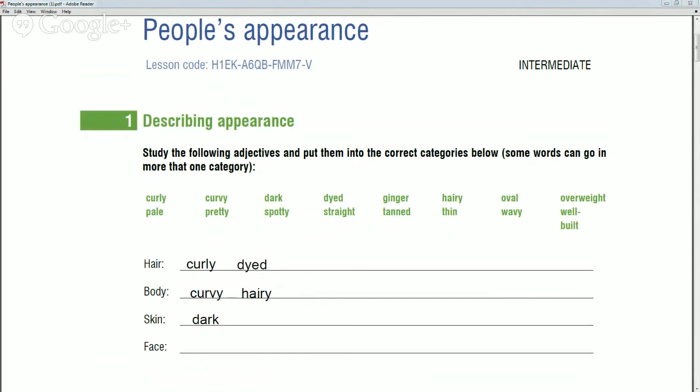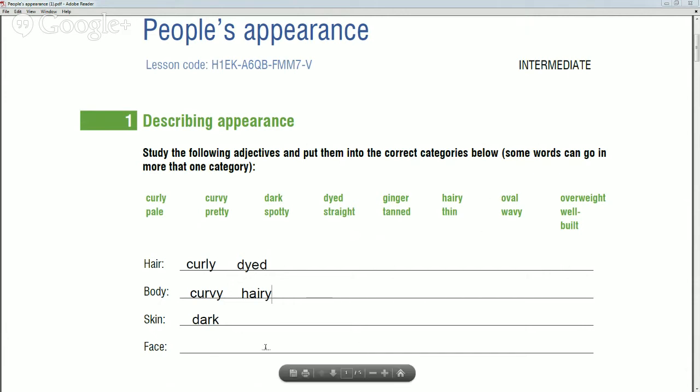Otherwise, let me look at Google Images. Usually hairy has to do with the body. Sometimes you can say a hairy face, but normally not.